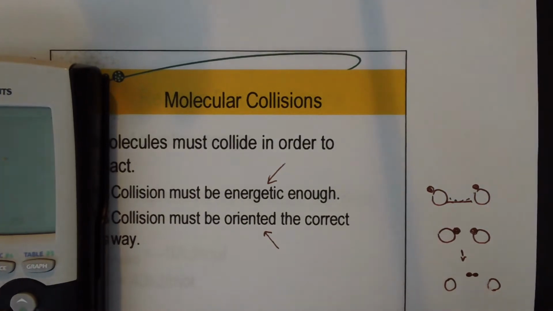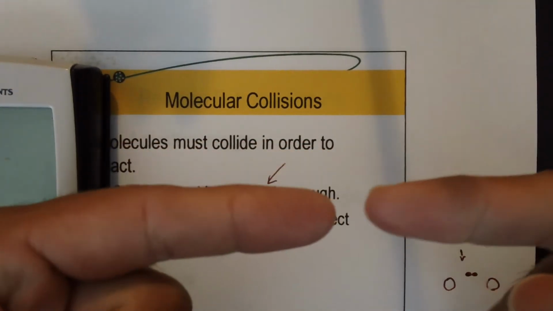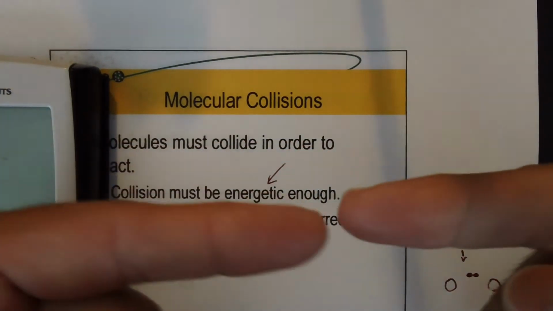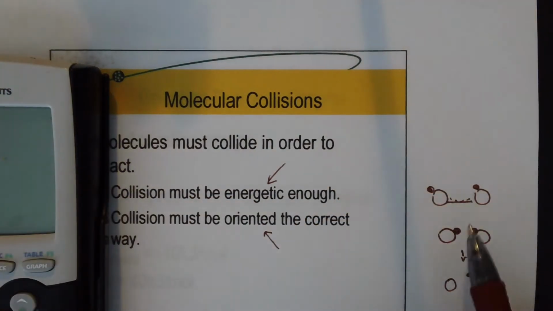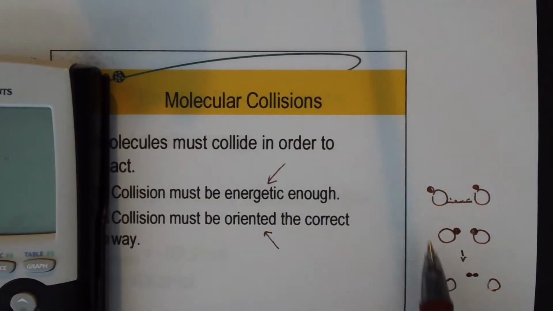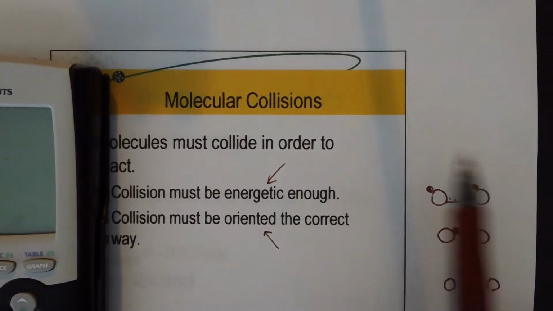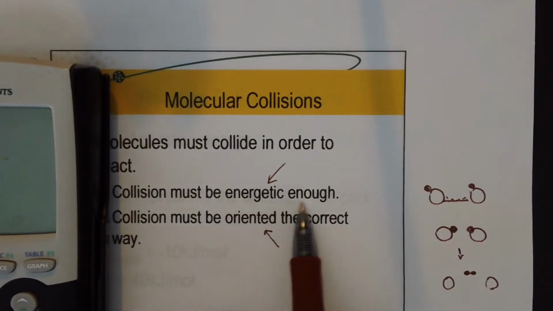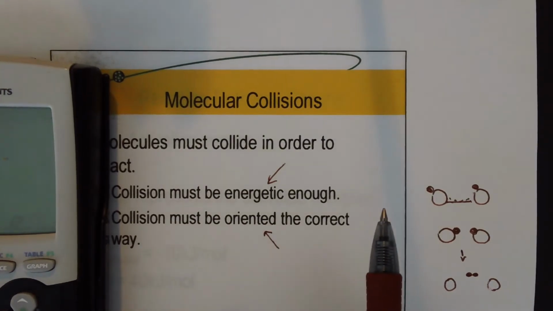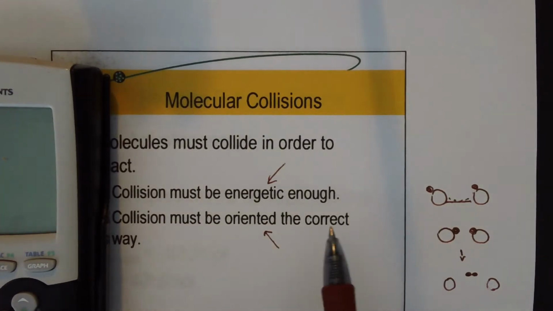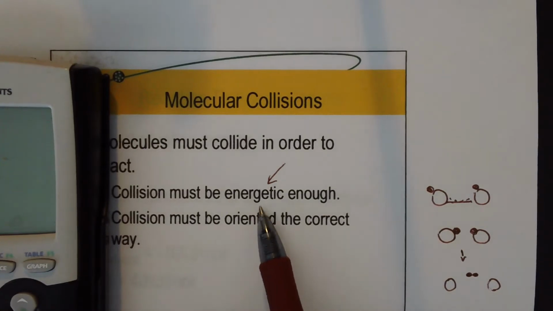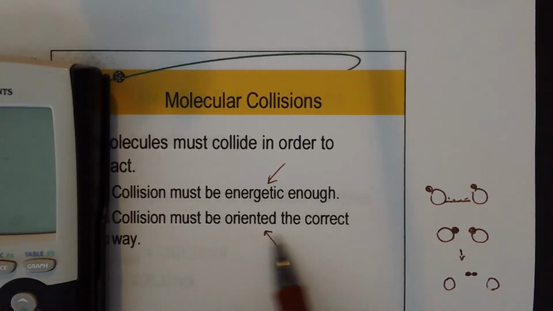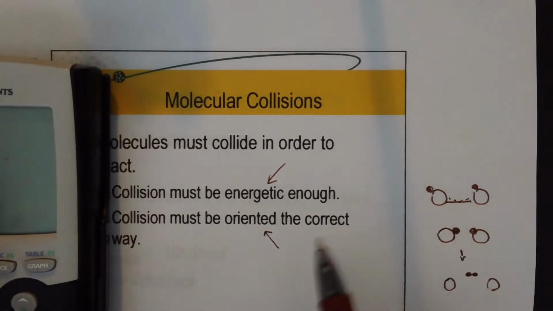That is the correct orientation to cause brain damage, and they have so much energy that when they hit each other, it causes a reaction to occur. That's a very sad analogy, but it is a good one. If they lined up with their heads towards each other and just walked over and tapped heads, they would be fine. But they have so much energy, and that orientation, that they can cause a reaction to occur.